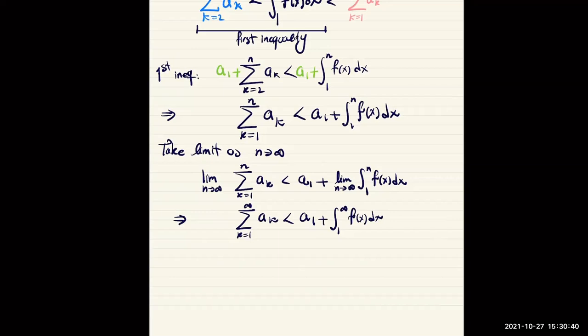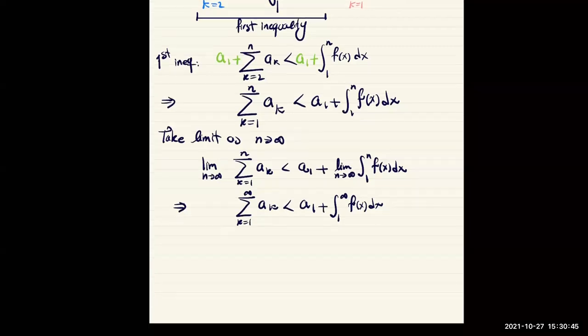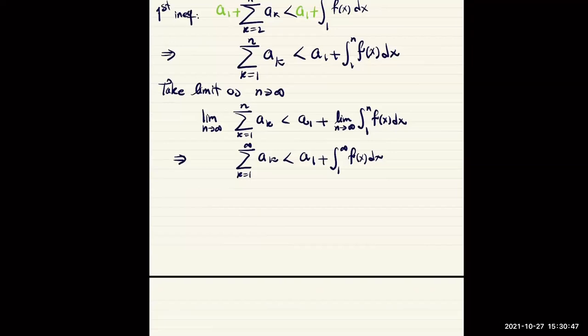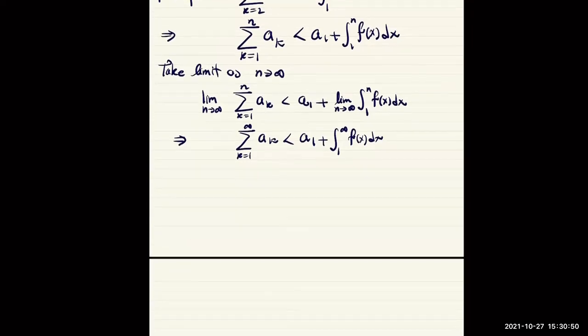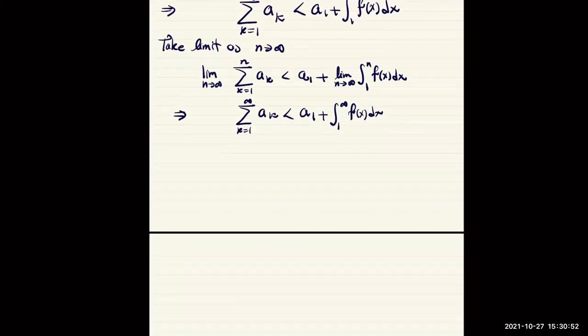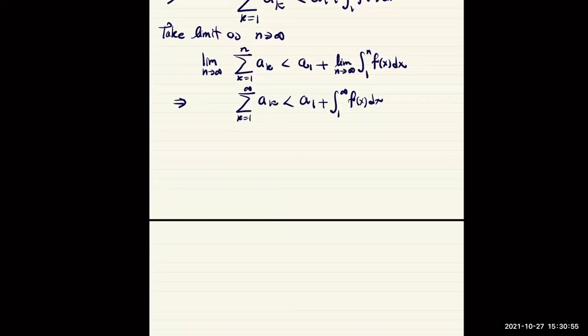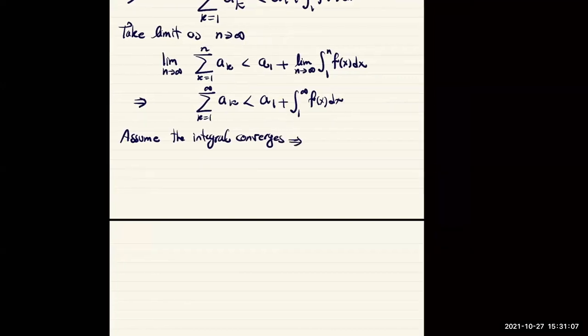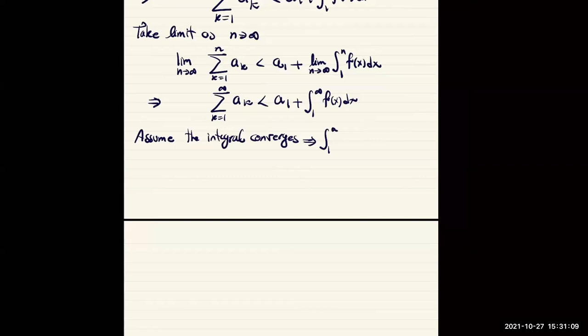Now, here is the conclusion. This is how the conclusion plays out. Assume that the integral is convergent, which means the integral from 1 to infinity of f of x dx is equal to some finite number.